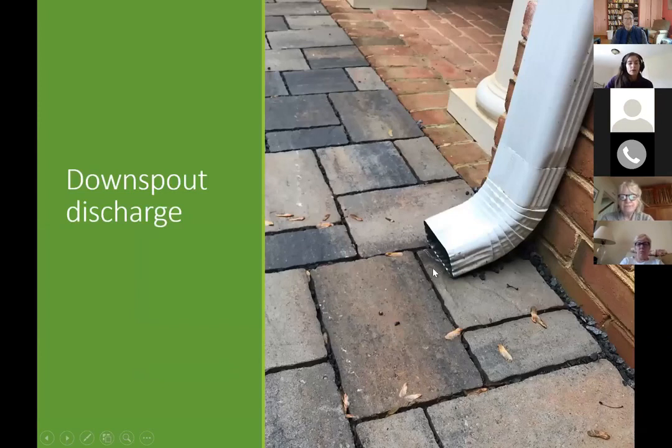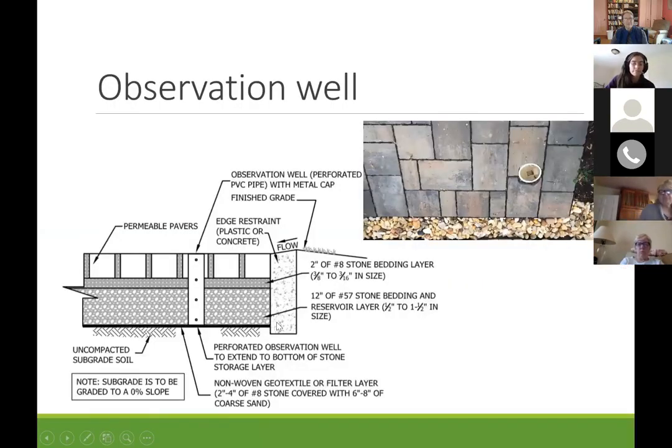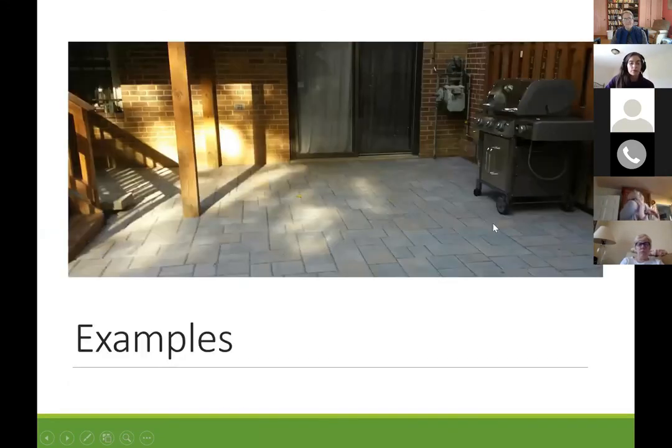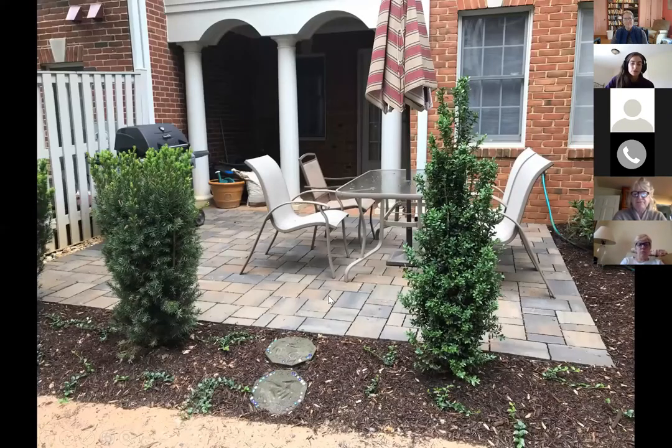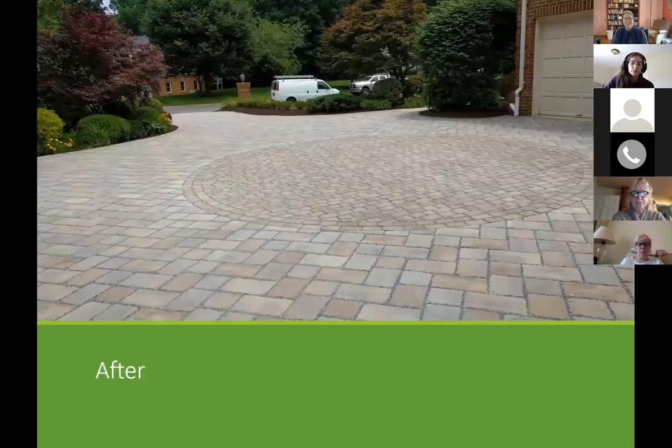So you can take downspouts onto these areas and have it discharge, so they can take more water than just what falls on them during precipitation events, if they're designed for that. Here again is another side view, the observation well, we talked about that before. Just a few examples of different installations. It's a pretty large project.